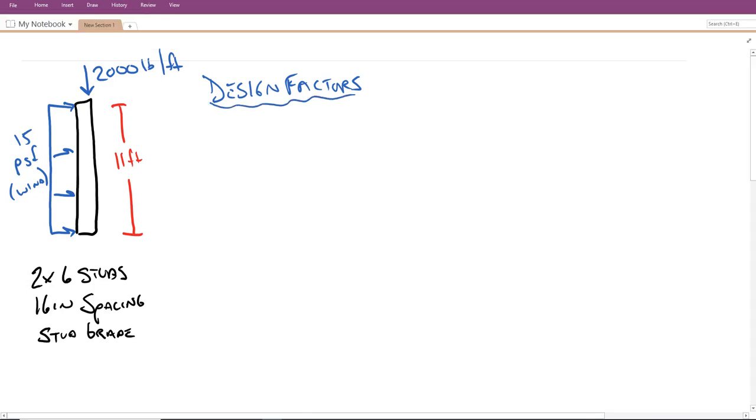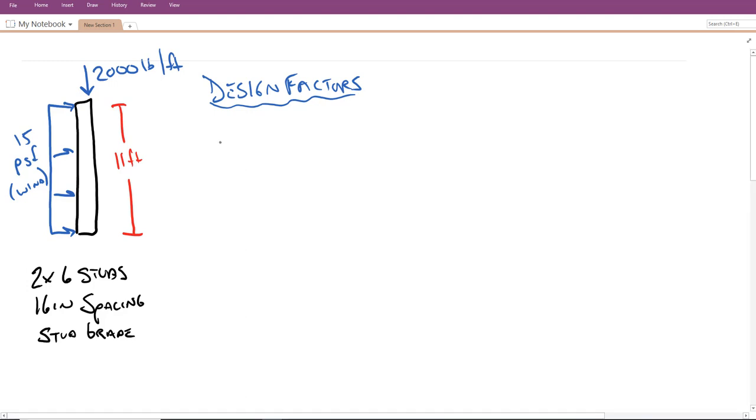And so from the supplemental table that is posted online, we want to pull the allowable compressive stress, the allowable bending stress, and the modulus of elasticity for this particular grade of studs.